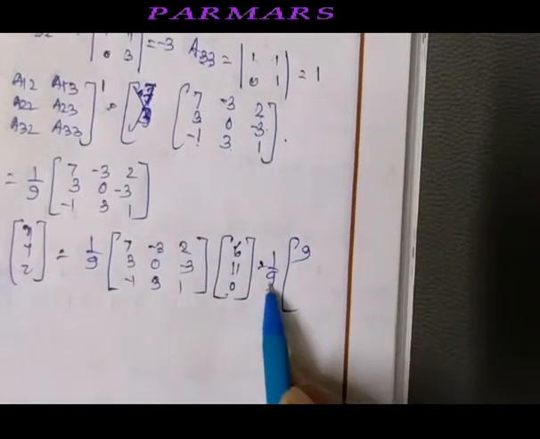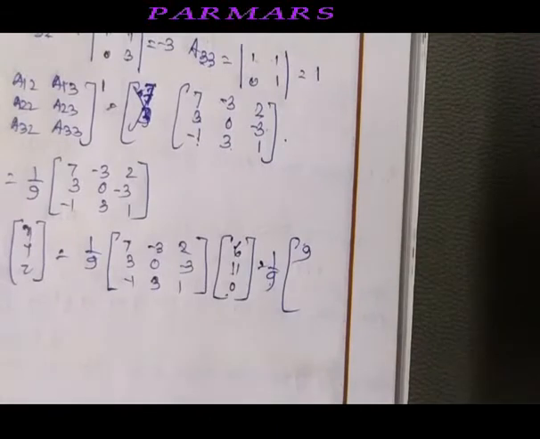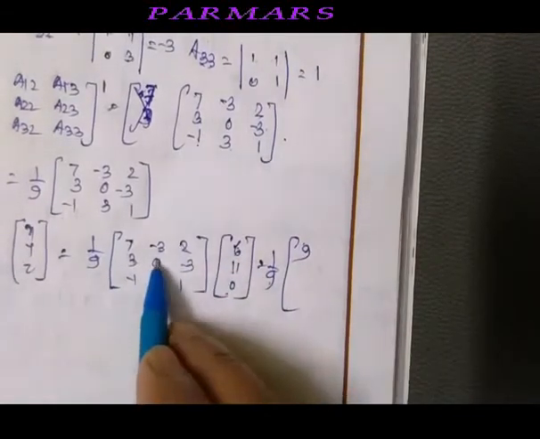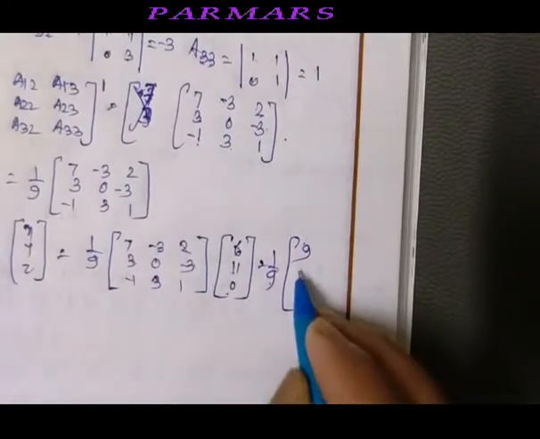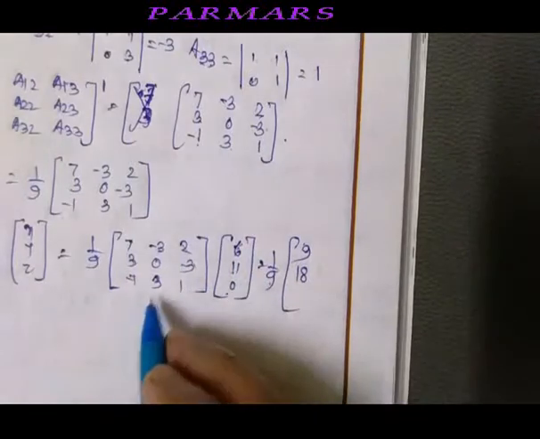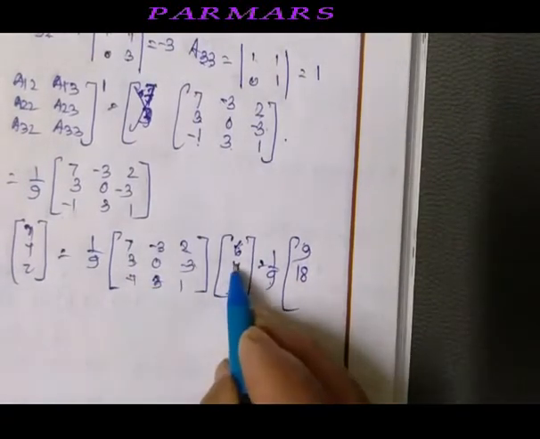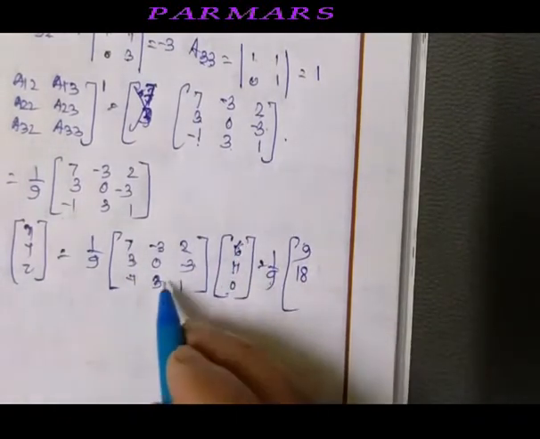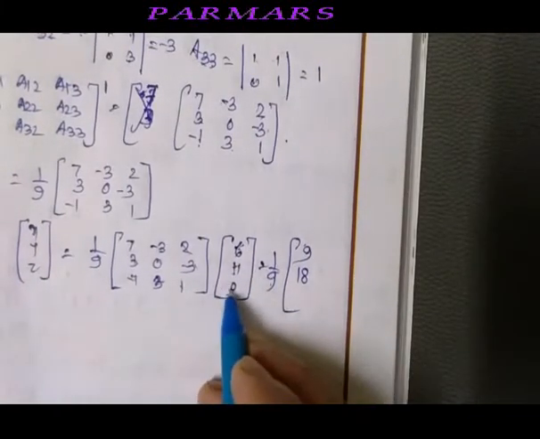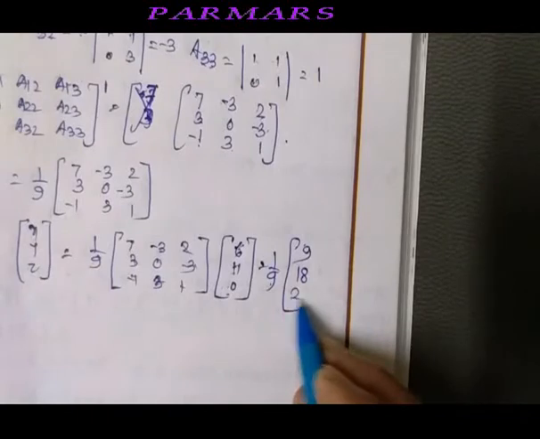And 9 here, so it becomes 1. 3 times 6 is 18, plus 0 and plus 0, so here 18. -1 times 6 is -6, 3 times 11 is 33, -6 plus 33 is 27, plus 1 into 0 is 0, so it is 27.